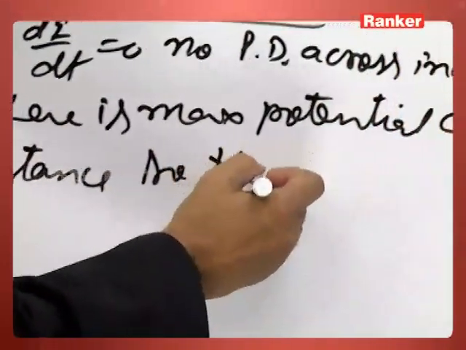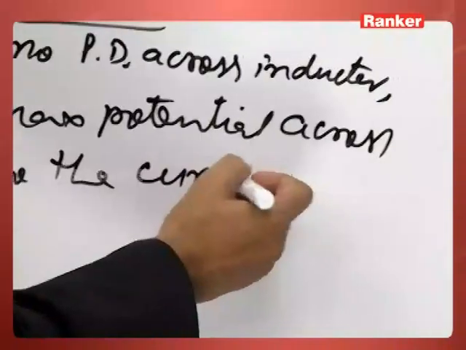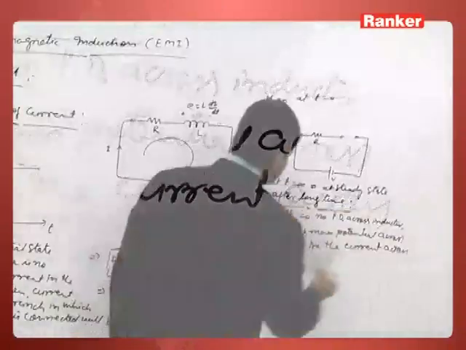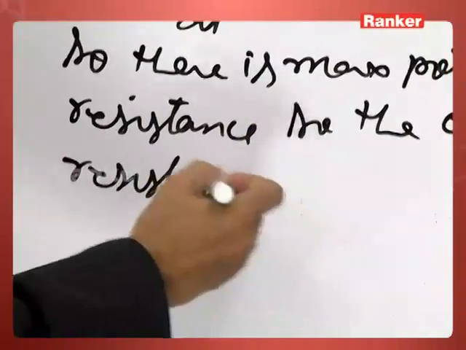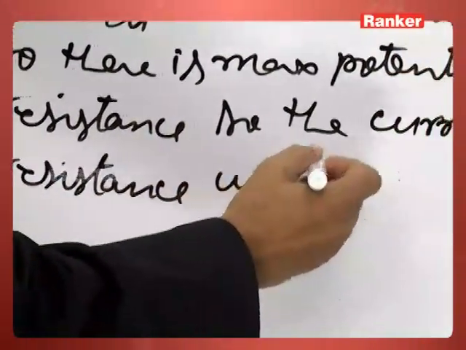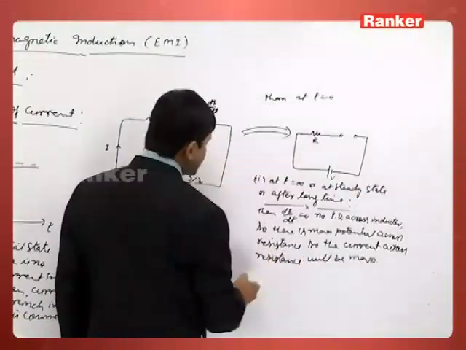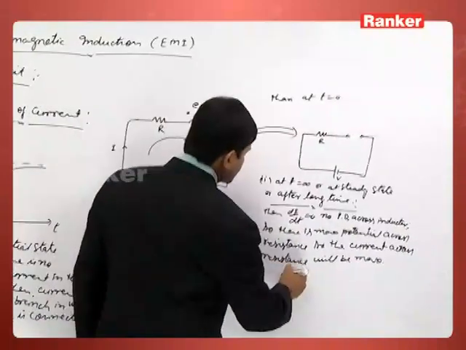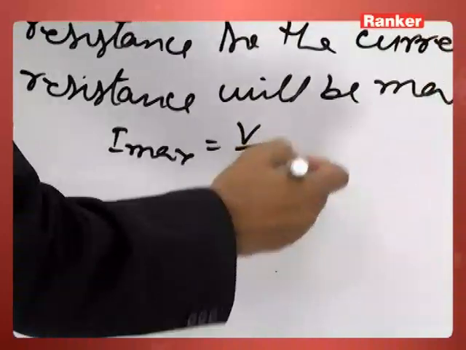So the current across the resistance will be maximum, and in this case that maximum current is I maximum, which is V by R.